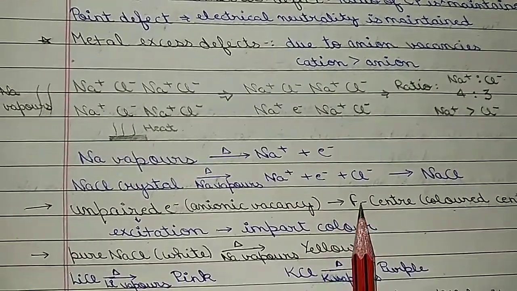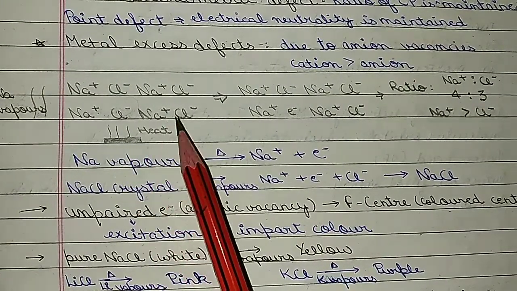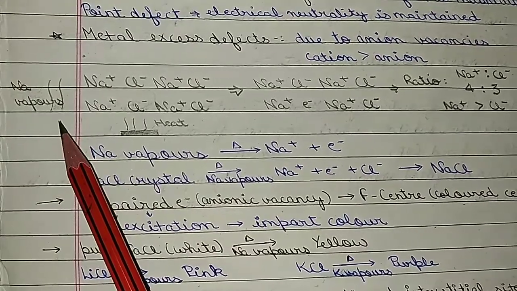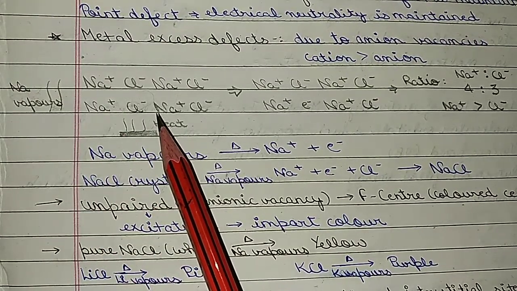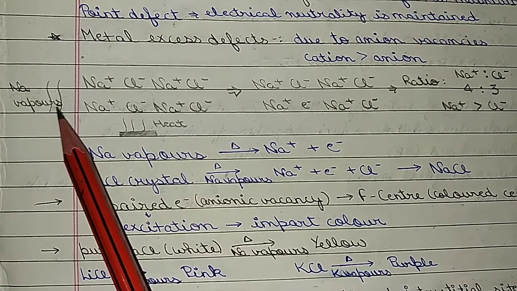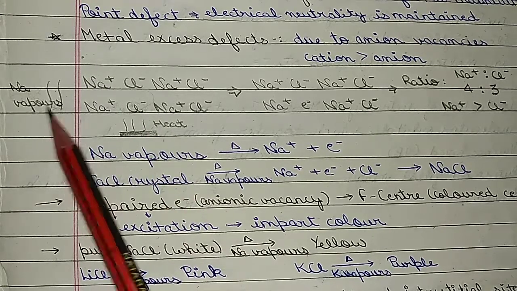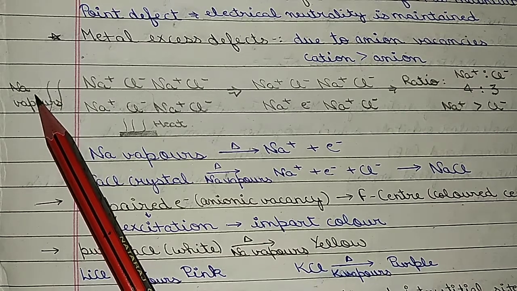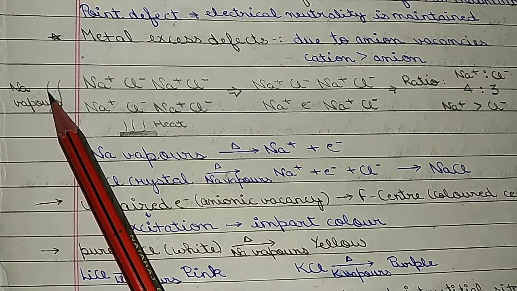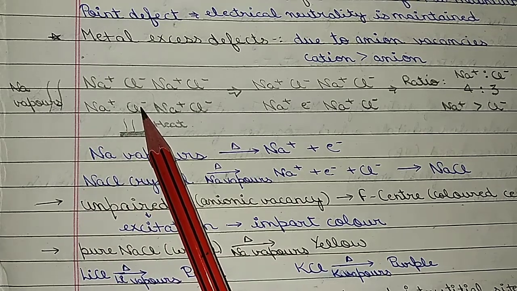For example, if we heat the crystal of sodium chloride in the presence of the vapors of sodium, then the sodium atoms which are present in the form of vapors lose their electron. Then the Na which is present in the form of vapors loses its electron and reacts with chlorine to form NaCl.